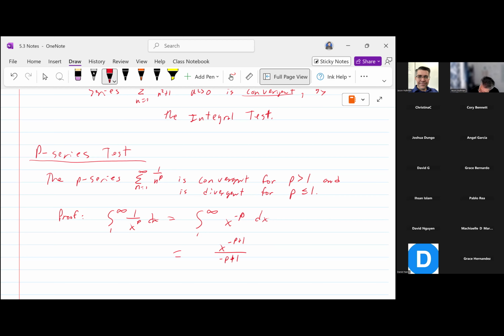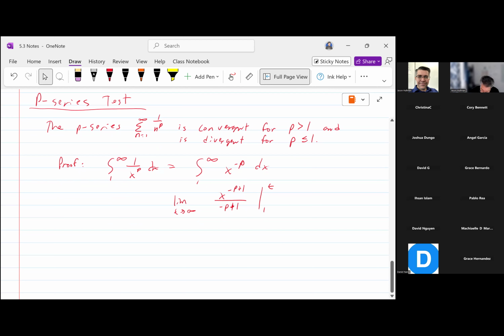And that's going to be the limit as t goes to infinity of 1 to t. And we integrated on x, not p, so keep that in mind.